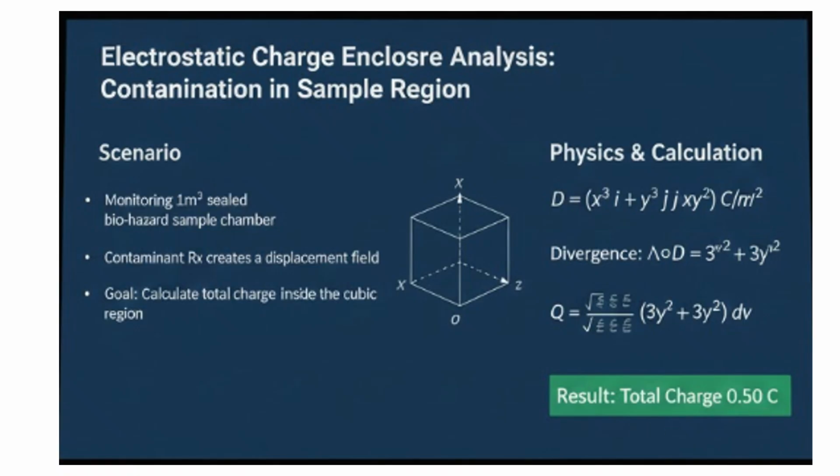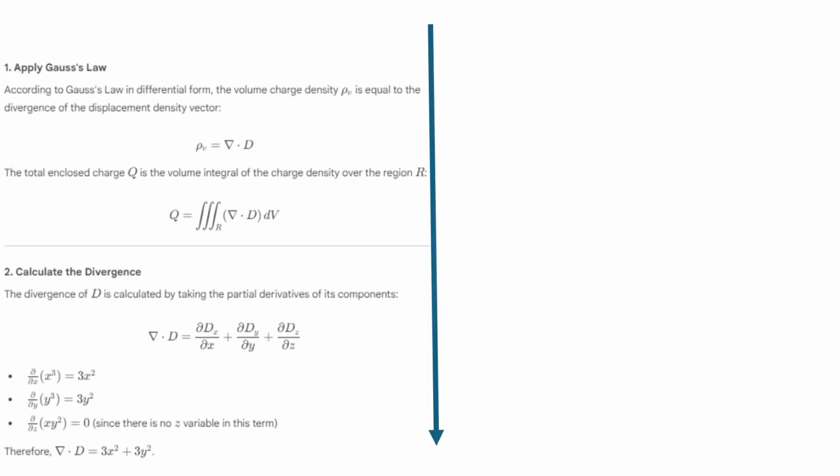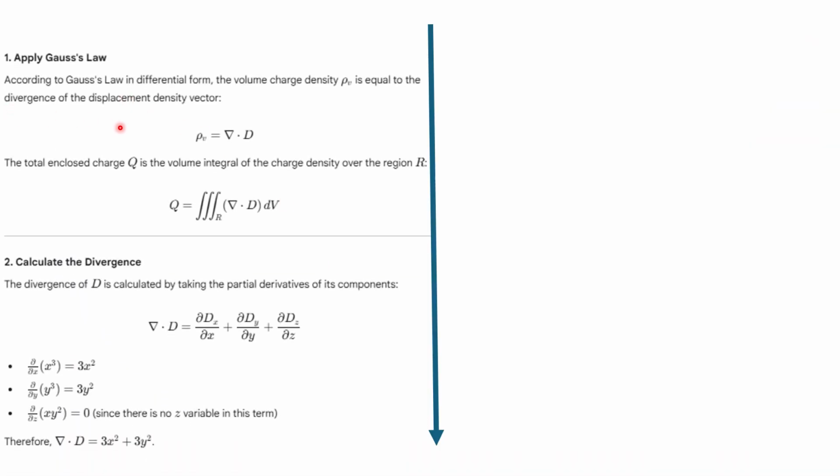So let's see the steps for how to find it. So first, use Gauss's law. This is your divergence of D. This will give you the charge density, right? So once we get the charge density, then the second and final step is to just integrate rho v into dv, so charge density into dv.